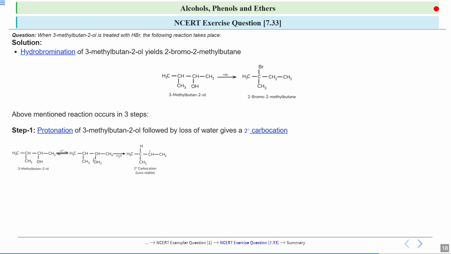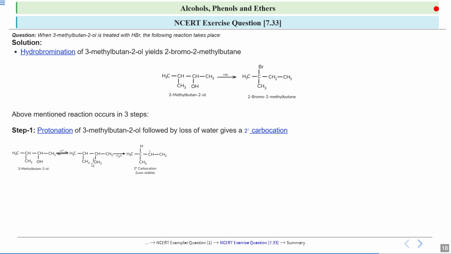So look at this reaction. You have 3-methyl butane 2-ol. So first there is protonation. What happens in protonation is that this OH becomes OH2 plus because protonation is happening. So after the protonation, you will see that here it is OH2 plus. Now oxygen is having this positive charge.